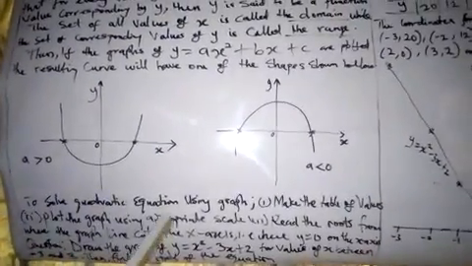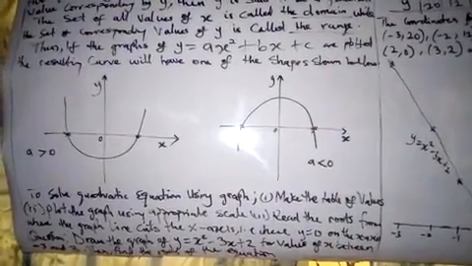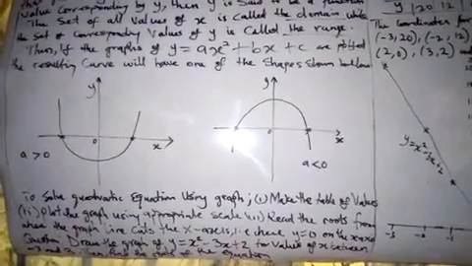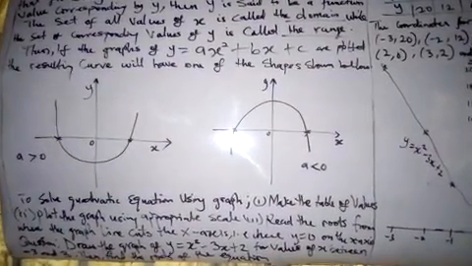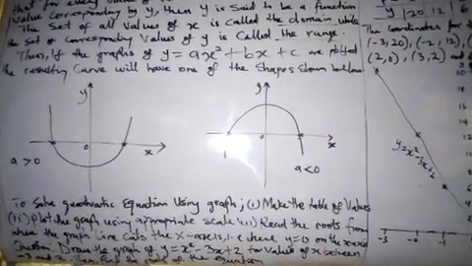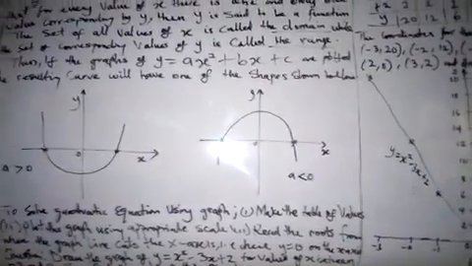To solve a quadratic equation using a graph, number 1, make the table of values. Number 2, plot the graph using an appropriate scale. You should know how to plot a graph using an appropriate scale. Very important. If you don't get your scale correctly, you will miss the correct result.